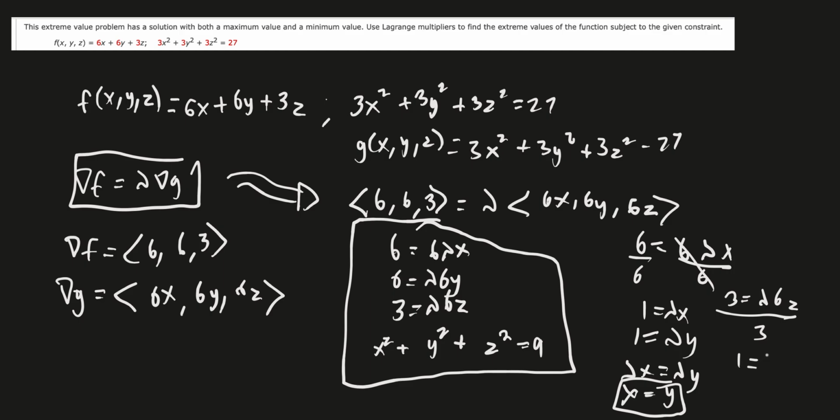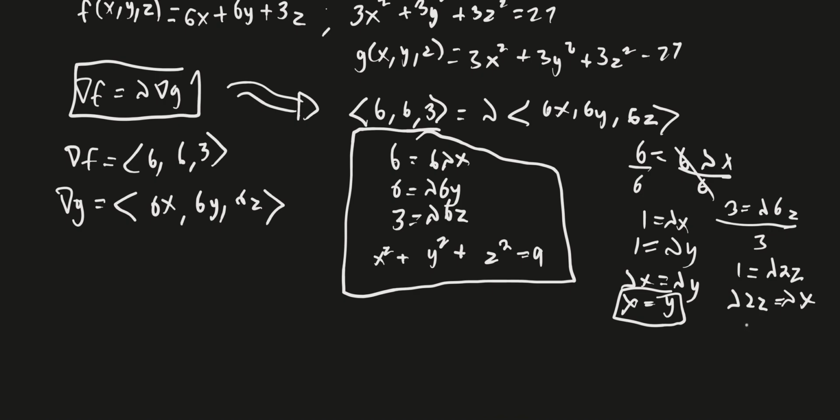So 1 is equal to lambda 2z. I don't know why I didn't think about this earlier. So lambda 2z is equal to lambda x. We'll just do lambda x because I like to use x as our variable. And we can divide by lambda, so 2z is equal to x. That's what we wanted. This is important information.